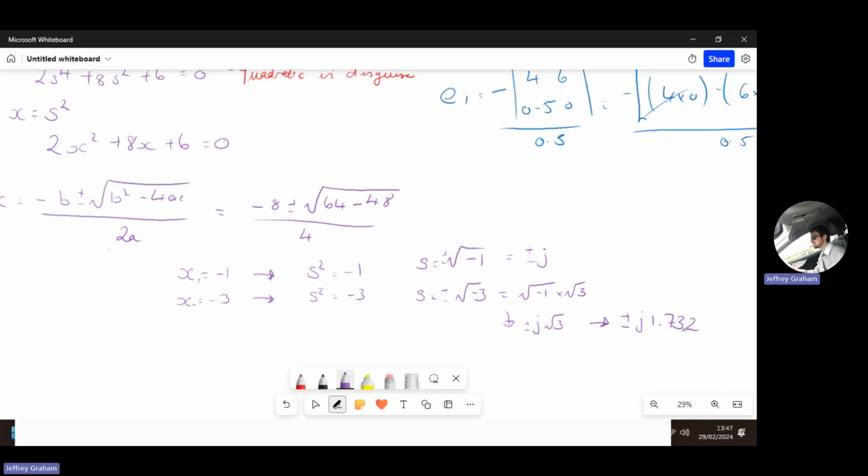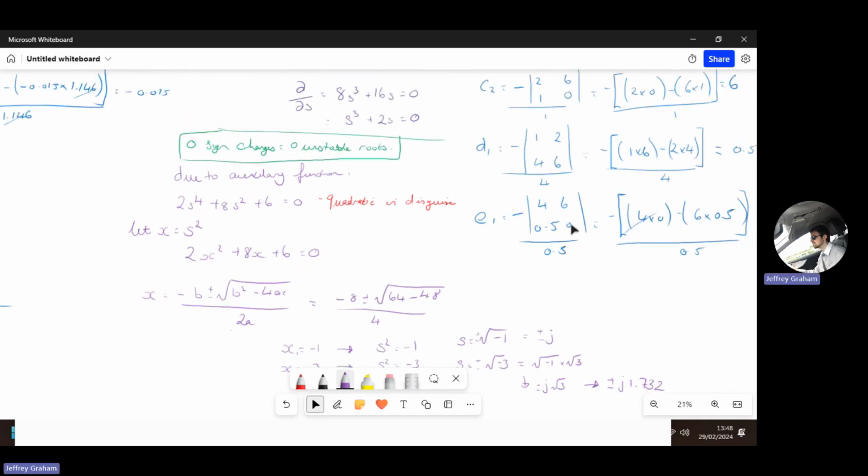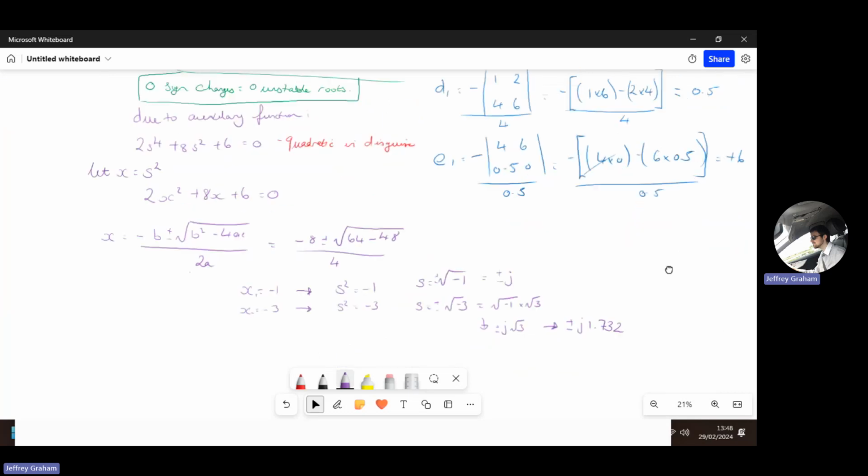Right. What does all of that mean then? So we went through the process, filled the array in, there's no sign changes, so there's definitely no unstable roots. What the auxiliary function tends to do is indicate that there are some neutrally stable roots. What we've just worked out there are the solutions to all four of the neutrally stable roots.